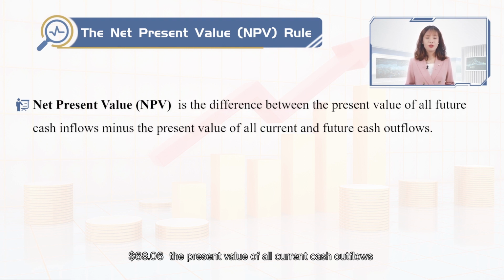The present value of all current cash outflows is the PV of the bond, $75. And there are no future cash outflows in this example. Or more simply, the net present value NPV is equal to the PV of the alternative project minus the one of the project under evaluation.